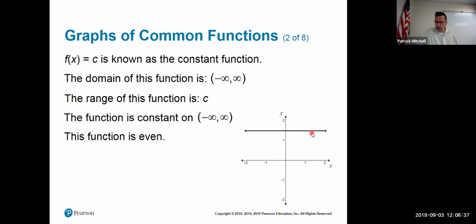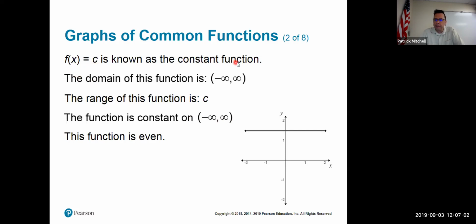See how this horizontal line looks to be about halfway between 1 and 2? So that's a horizontal line. Hopefully you remember from one of your algebra classes that y equals a number, something like y equals 1.5, is a horizontal line. So when you write that using function notation, it comes out to f of x equals 1.5.